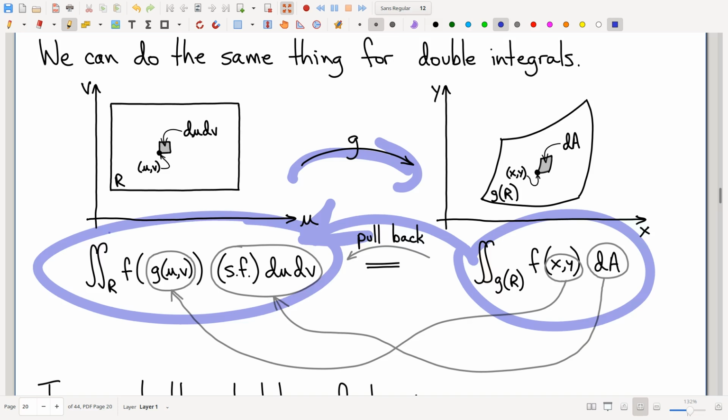And then again, there's this question of, by what factor is this little piece of area multiplied to produce that little piece of area? And that stretching factor, just like in the single variable case, is another factor that has to be inserted when you do that pullback. Okay, so this is about where we left it.